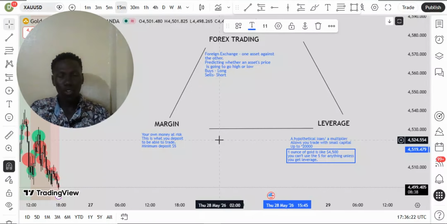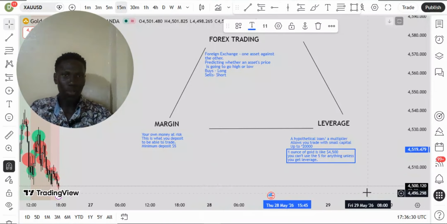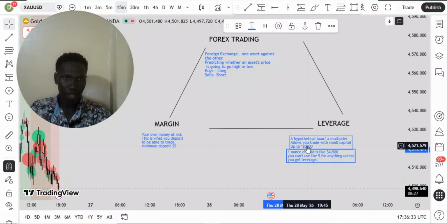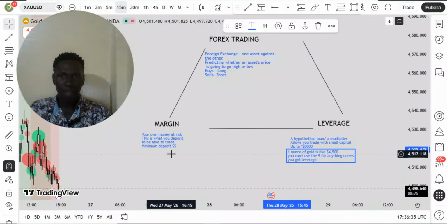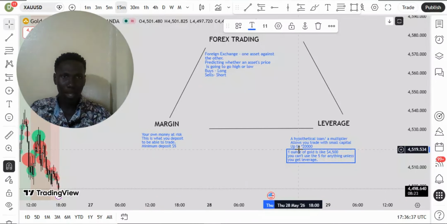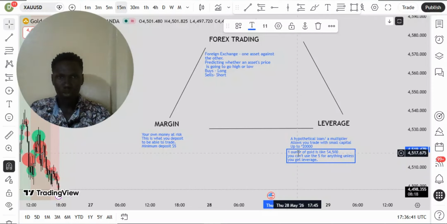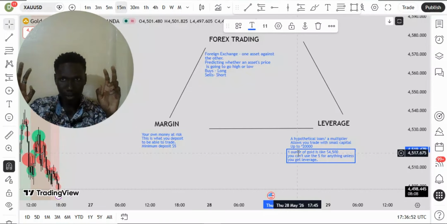So what your broker is going to do is give you a loan, a hypothetical loan, or a multiplier. So if you have a leverage of times 20,000, it means it's your $5 times 20,000, and now you have like 100,000, a 100,000 hypothetical trade. So you have the 100,000 in your account so that you can trade it.